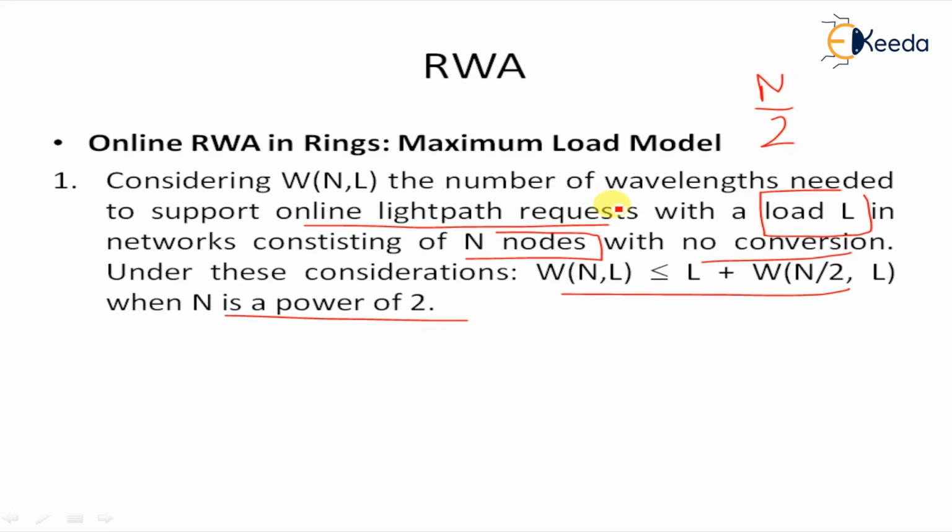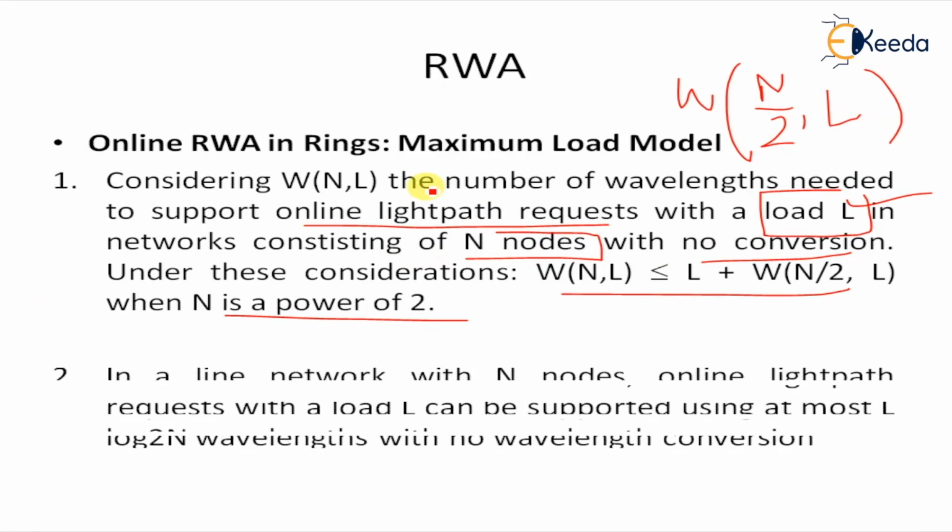So the former group of light paths can be supported with at most W(n by 2, L) wavelengths, and this set of wavelengths can be used in both sub-line networks. The light paths have a load of at most L, and we dedicate L additional wavelengths to serving this group. So this is the proof of point one.